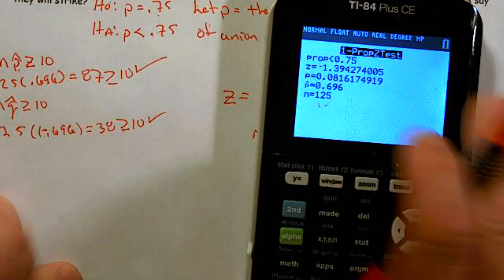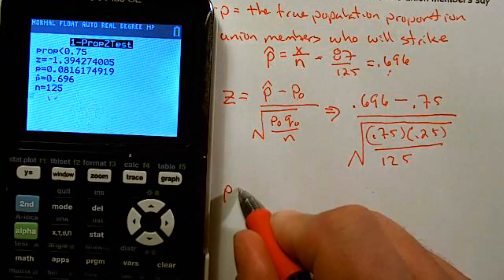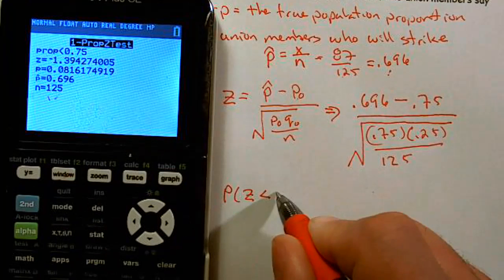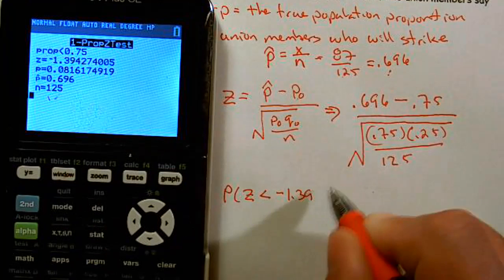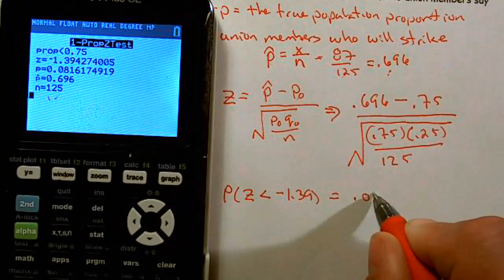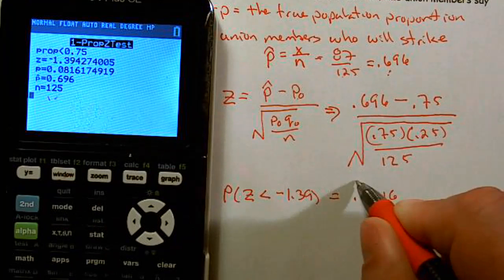highlighted. And I end up getting the probability that z is less than negative 1.39 equals 0.0816. This is my p-value.